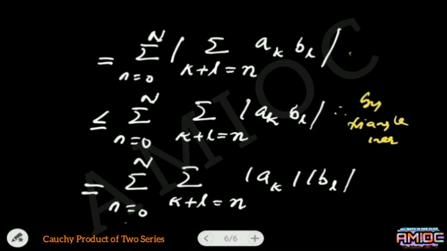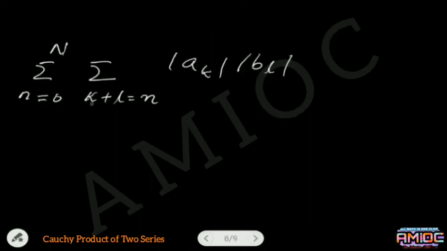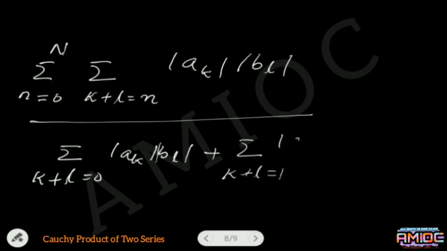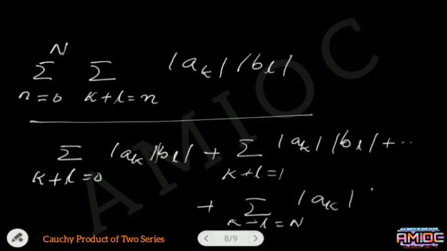Now look at this expression. I am just expanding this series. If we vary n from 0 to n, we get the terms: summation k plus l equal to 0 of mod ak bl, plus the second term, n equal to 1, that is summation k plus l equal to 1 of mod ak bl, etc. And the last term is summation k plus l equal to n of mod ak mod bl.